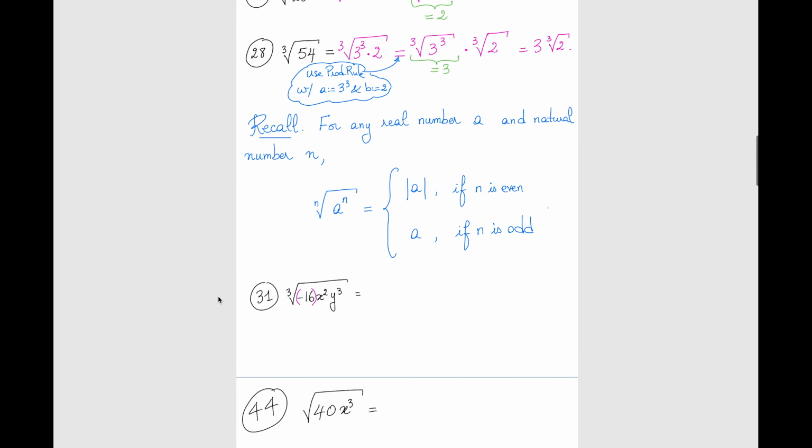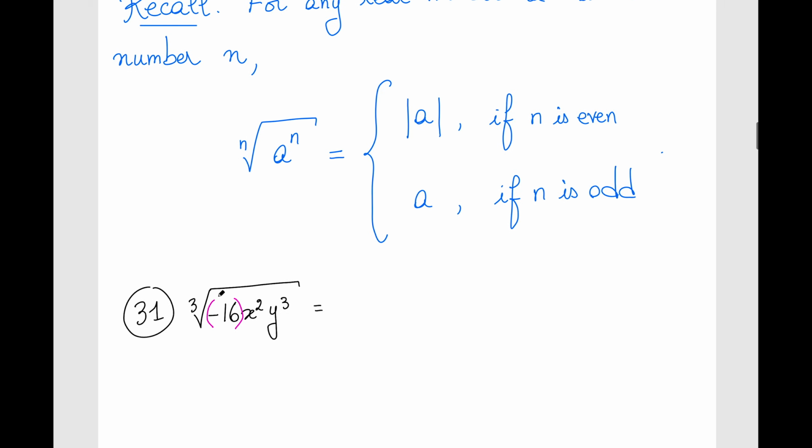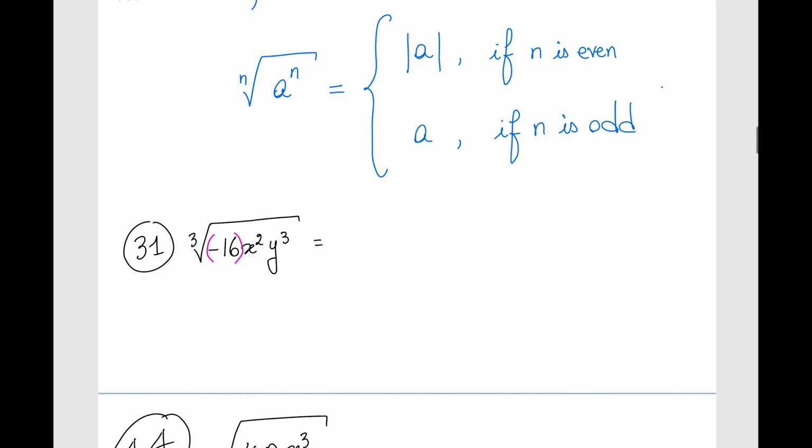So use the product rule, let's say, for this package as A and this package as B. Okay, and what do you get?